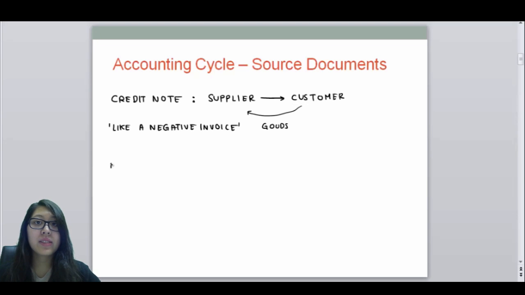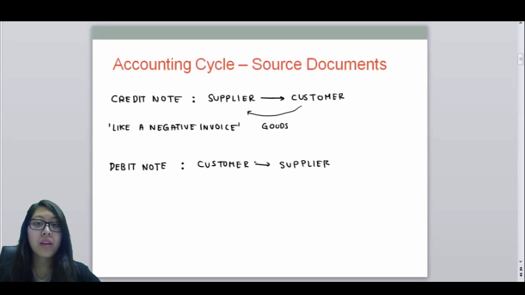Next, we will discuss the debit note, which is similar to the credit note and is used along with the credit note as well. What happens in this case is that the customer is the one who is going to be sending it to the supplier. In the case where the customer is requesting the supplier to reduce their balance, the customer is required to send the debit note.